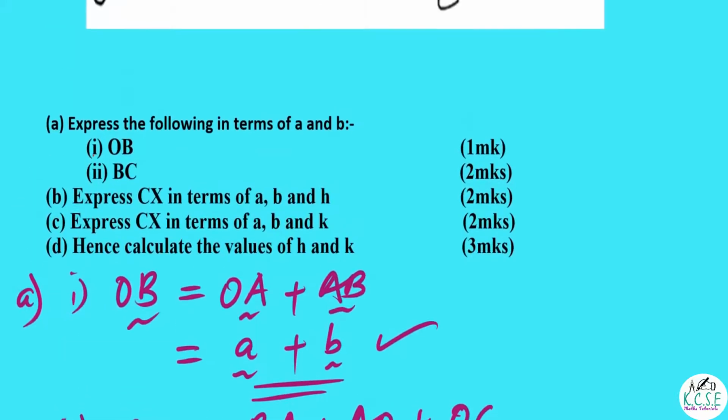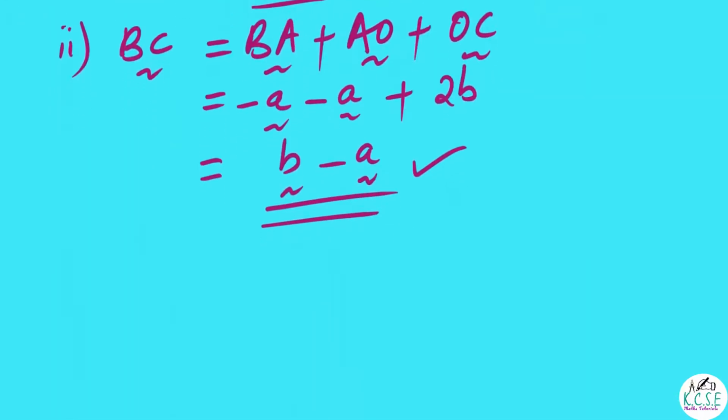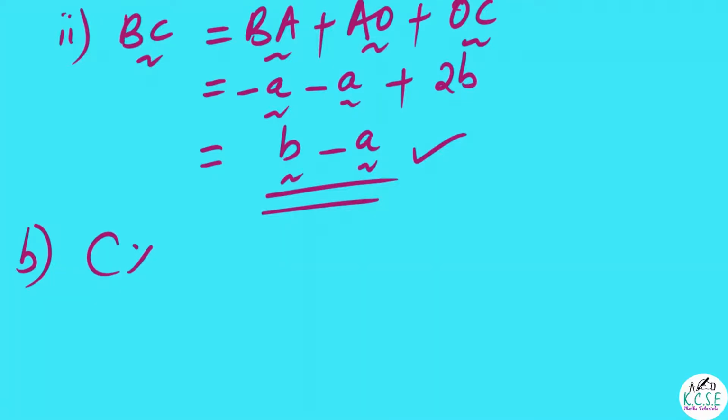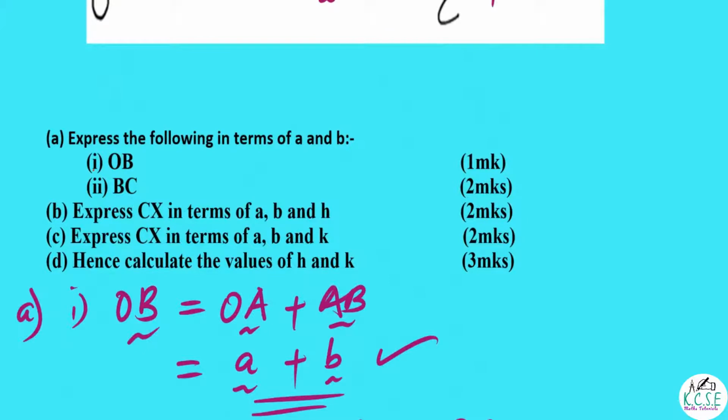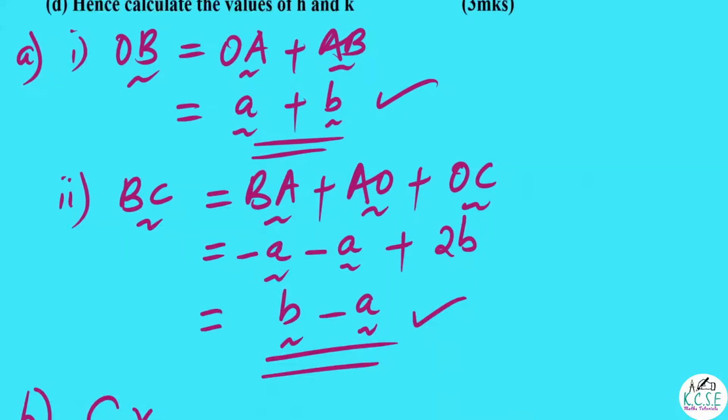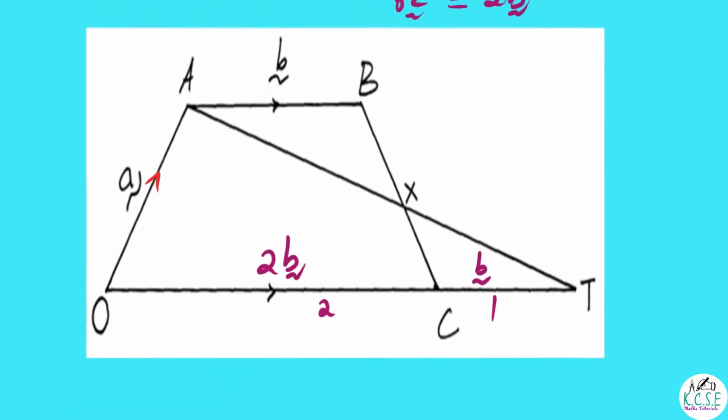Now we go to part B, express CX in terms of A, B and H. So to express CX in terms of A, B and H, we're starting from C, we want to go up to X. So this is the route that you're going to follow, ensuring that you use A, B and H: CO plus OA plus AB plus BX.